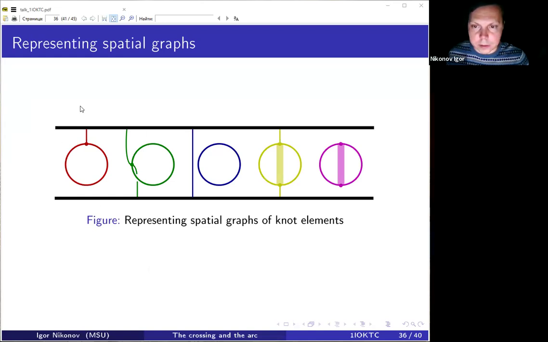For example, the universal arcs are from the set of isotopy classes of embeddings of such a graph, which consists of a circle and some arc probe, the path from the circle to the top boundary. And other diagram elements also have representing spatial graphs.